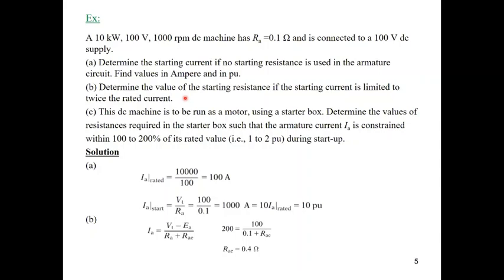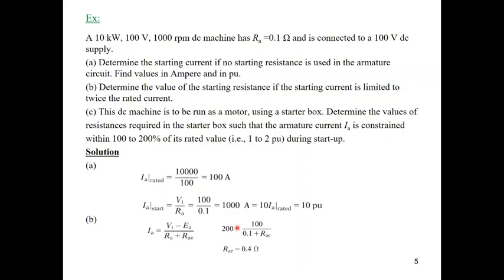So it's stated here, what is the value of added resistance required to limit the current to twice the rated value? Simply, we have the rated value, which is 100 amps. Now we need to calculate the resistance added in order to keep the current within 200 amps. We can substitute in the relation and add the rheostat resistance in the denominator.